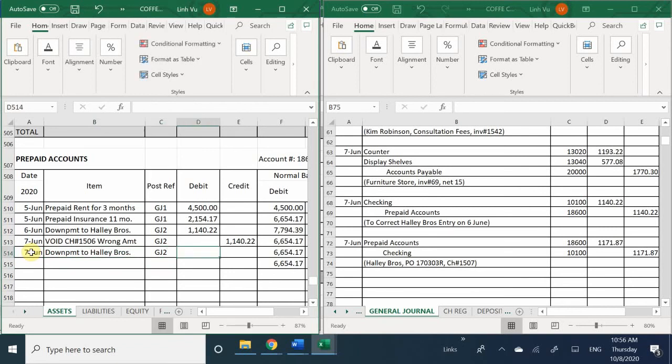This time for the correct amount of 1171.87, which now gives me total prepaid accounts of 782604. Okay. All right. Any questions?